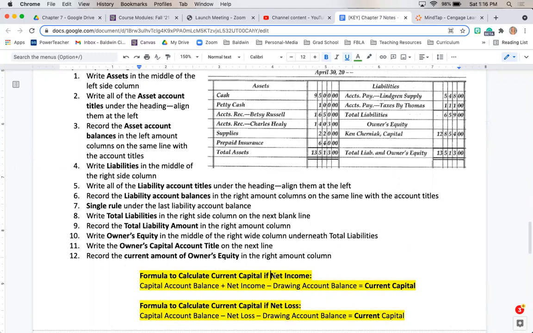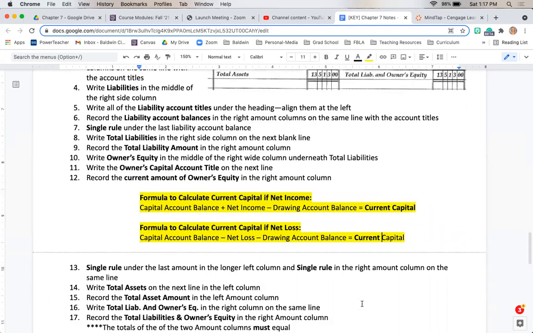If we had a net income in our business, which we would know by now after doing our income statement, we would take our original capital balance, add in our net income, subtract out the balance of our drawing account, and that would be the current capital amount, which we would record on our balance sheet. If we had a net loss, we would start with our capital balance, subtract out our net loss, and then subtract out our drawing account, and that in turn would give us our current capital.